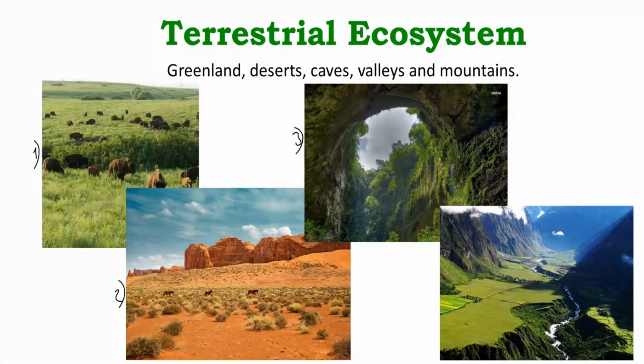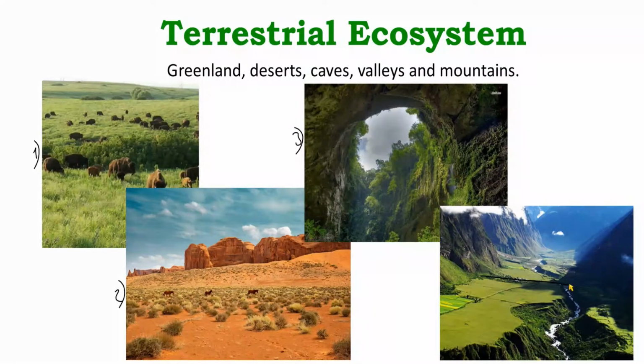In number 3 we see a cave, the largest cave on earth. Also a terrestrial ecosystem which contains some kind of living things. Valleys, the flat area between a number of mountains which contain living things, also an example for a terrestrial ecosystem.